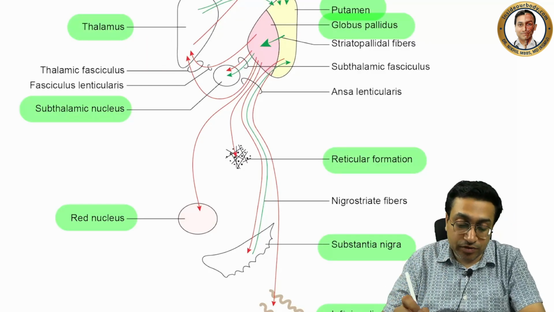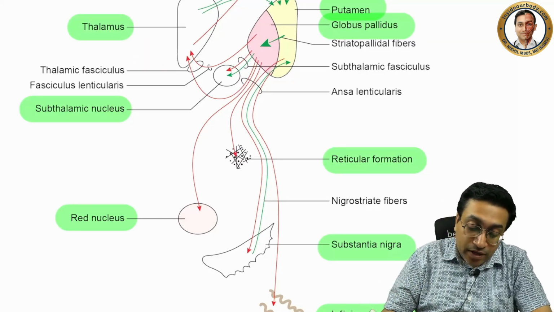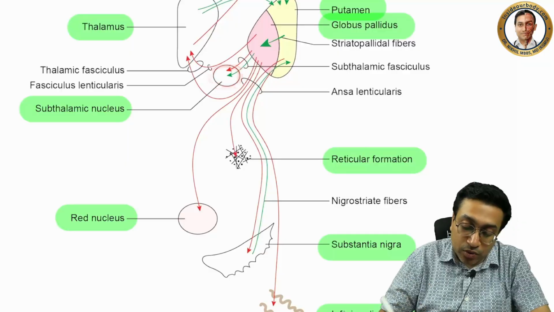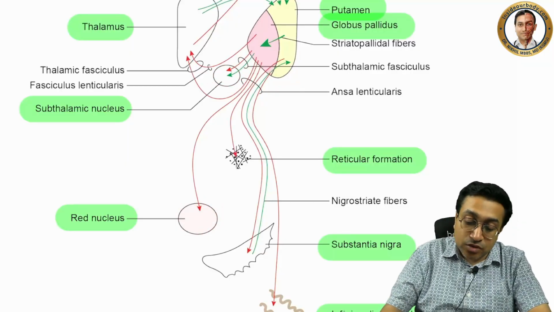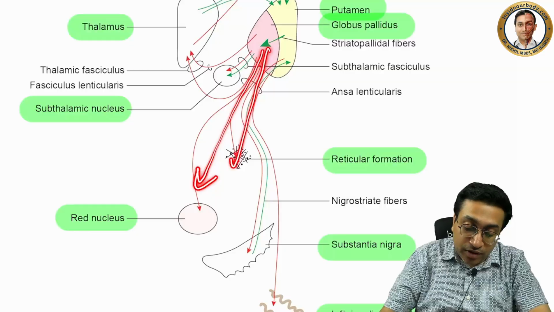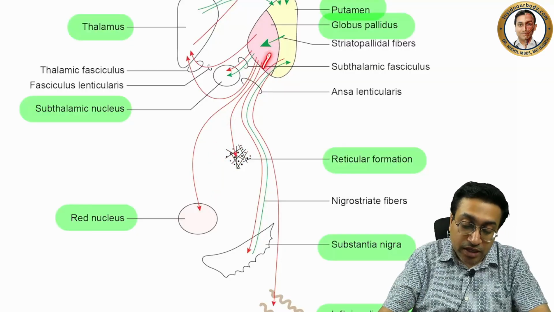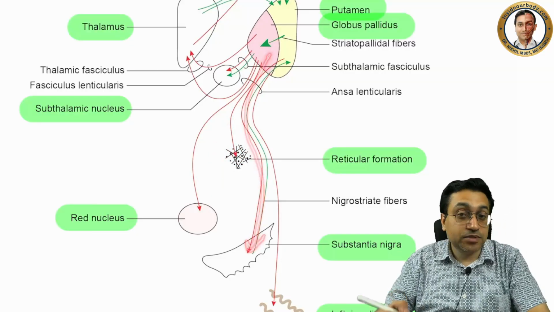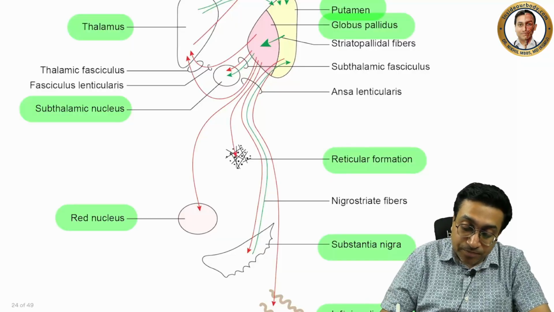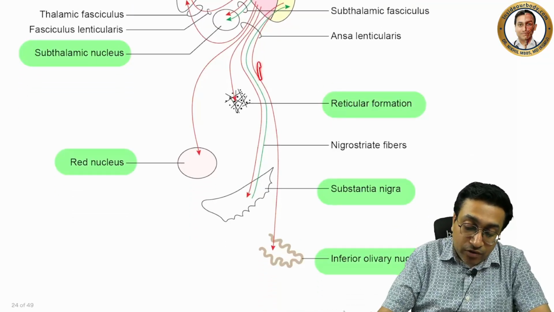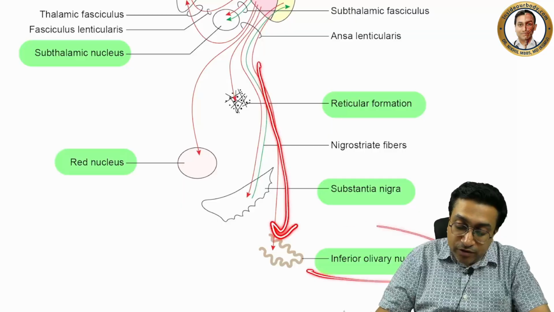I told you previously. So here you have the subthalamic nucleus, here you have the rubro, that is the red nucleus. So efferent will go to the red nucleus, efferent will go to the reticular formation, efferent will even go to the substantia nigra. Efferent will also go to the inferior olivary nucleus.